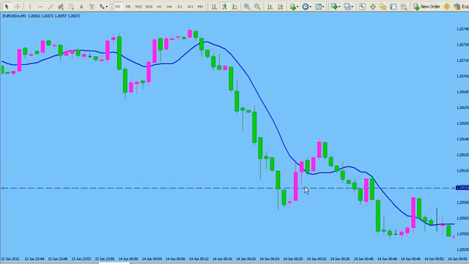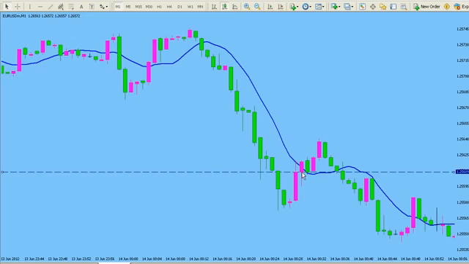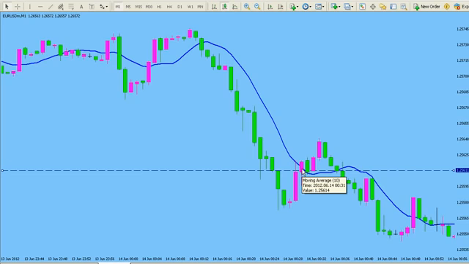But if you use this one, for example, instead of that one, now you have a double confirmation that it's time to get out. Or if you chose not to get out right here and you got out here instead, then you can see that this break and close is just an extra confirmation that you no longer have the advantage.